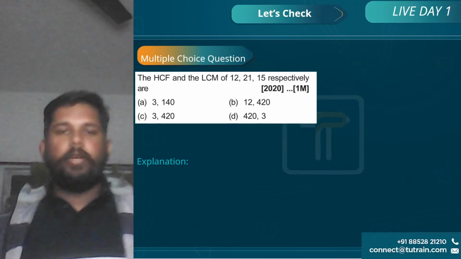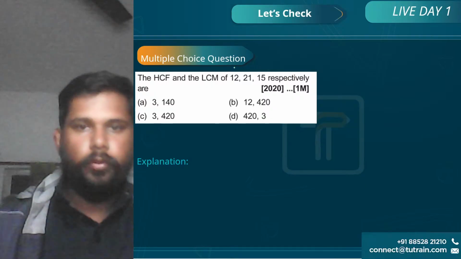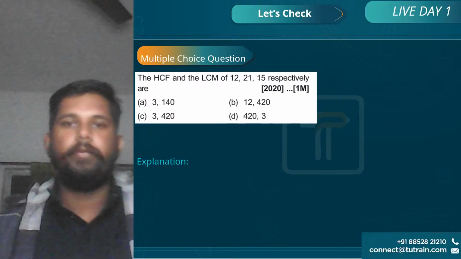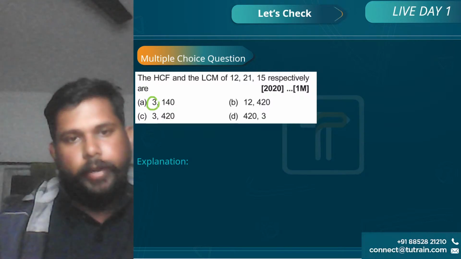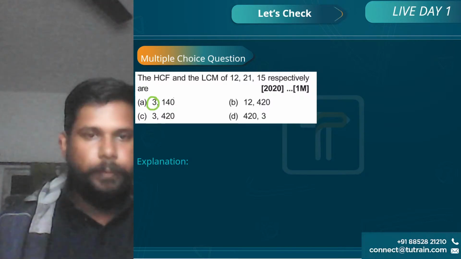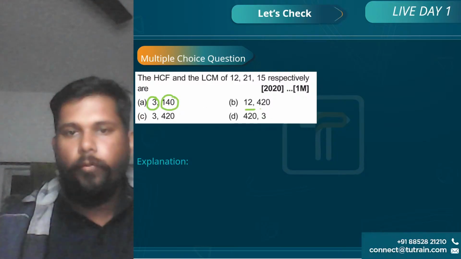Okay. Now we need to find the HCF and the LCM of 12, 21 and 15. And here for the HCF you have the options 3, and for the LCM the options are 140, 12, 420.